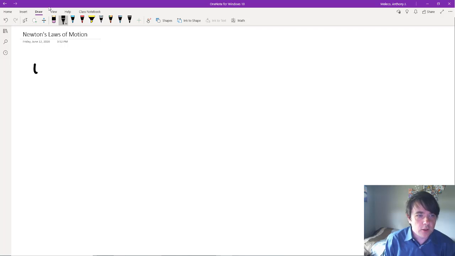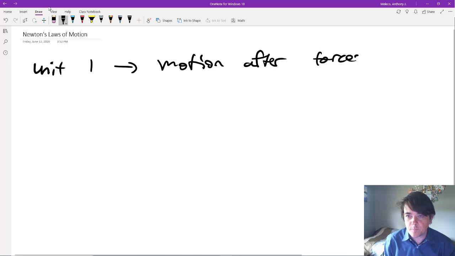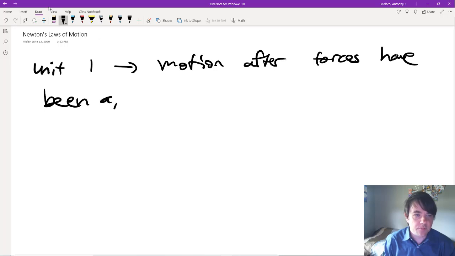In Unit 1, what we looked at was the motion after forces have been applied, right?